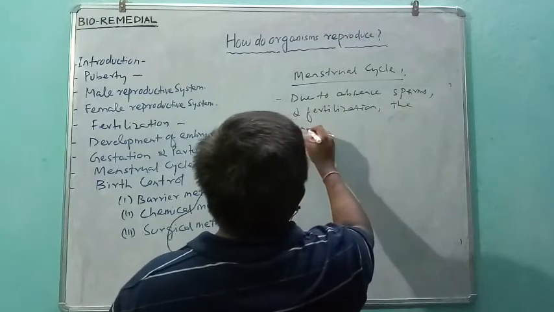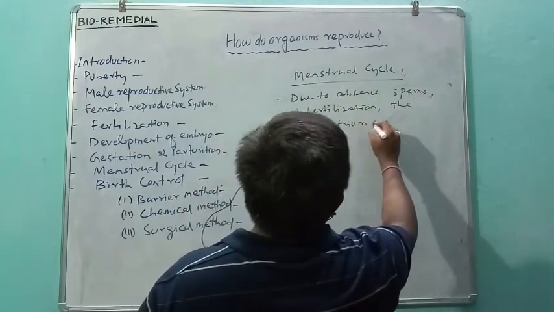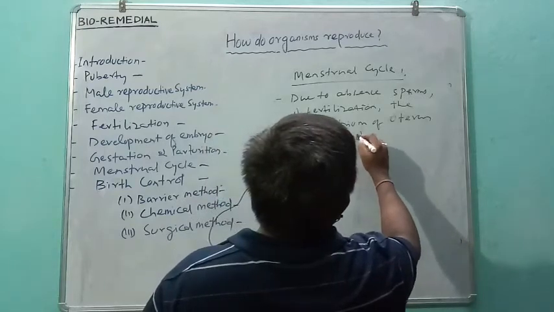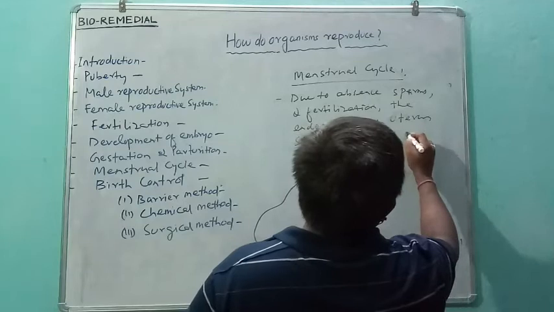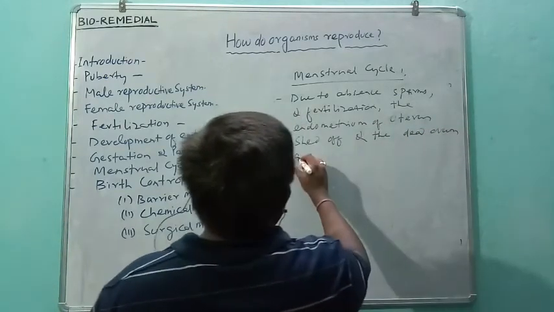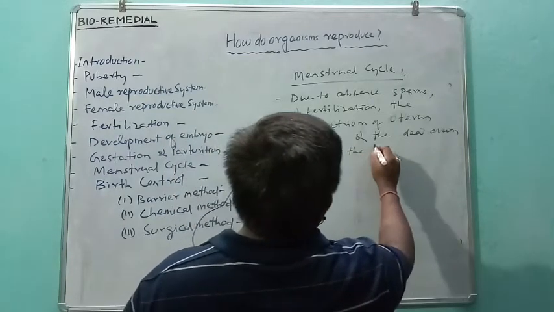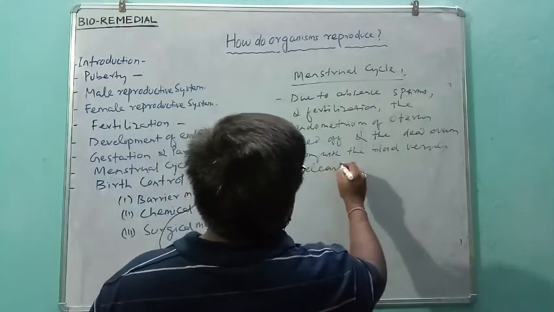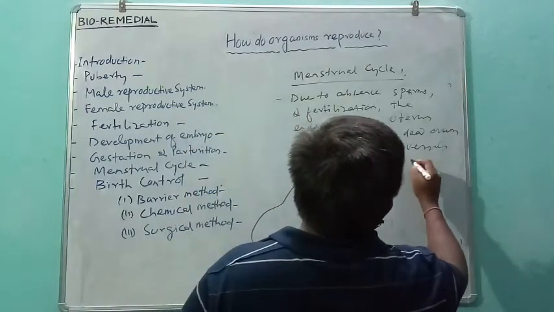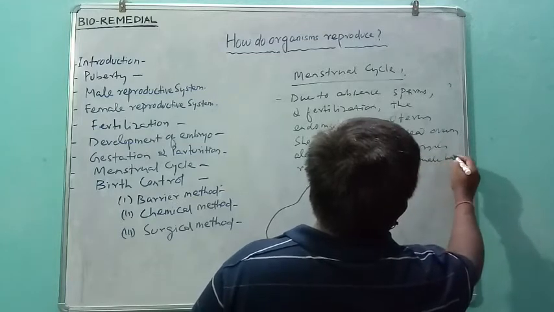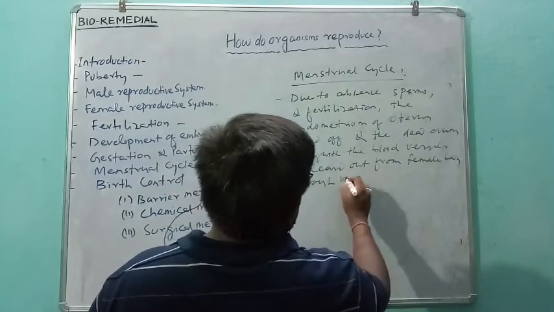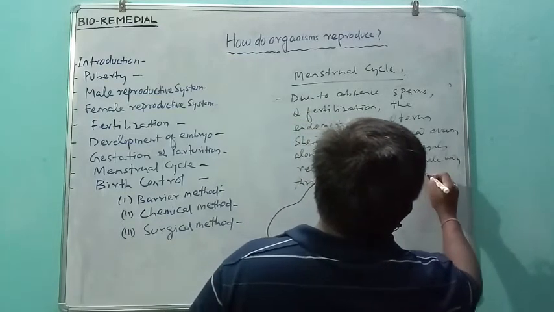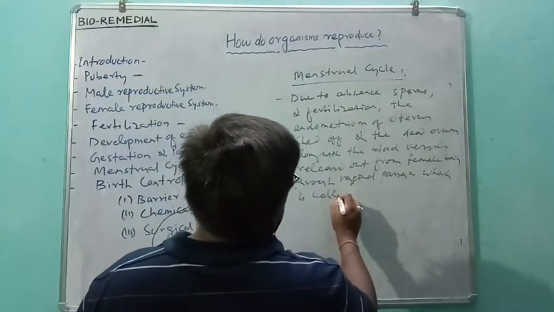the endometrium of the uterus sheds, and the dead ovum along with the blood vessels is released out from the female body through the vaginal passage, which is called menstruation, a little lengthy.